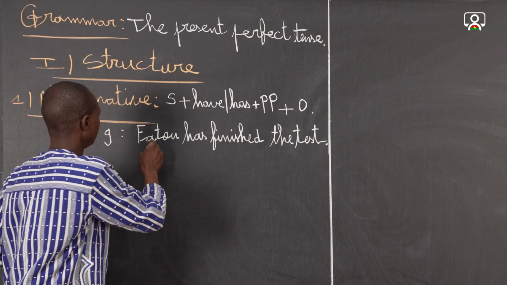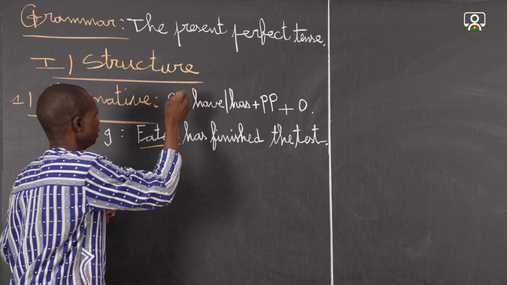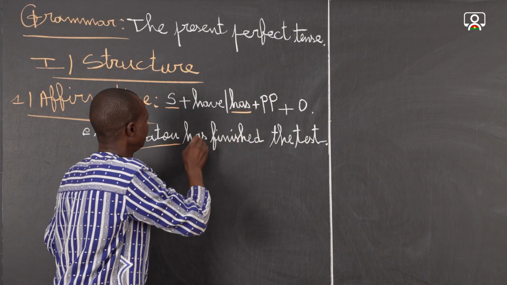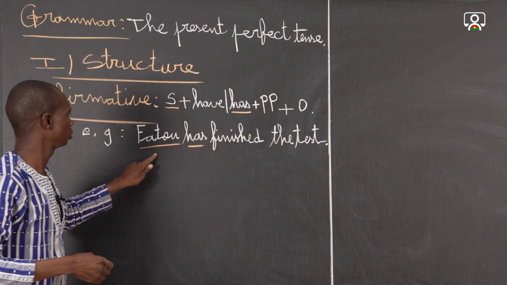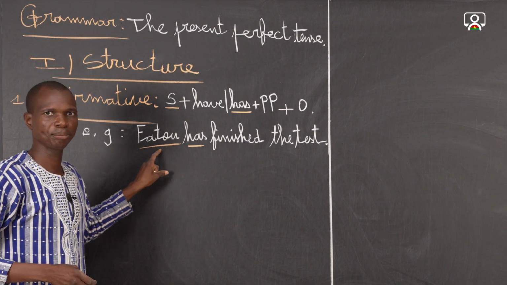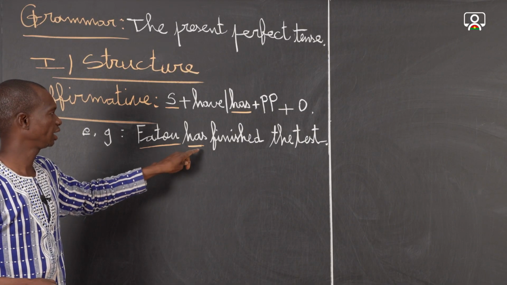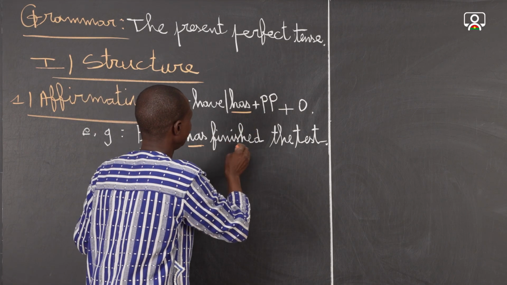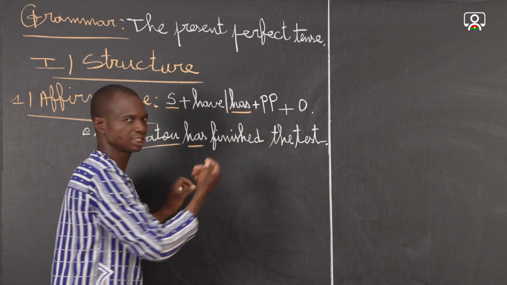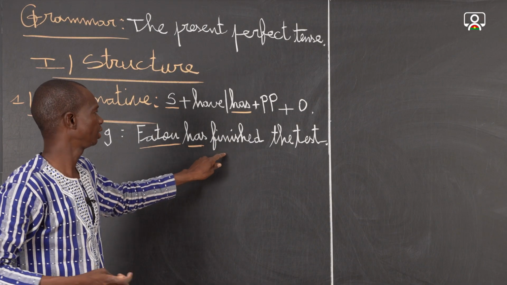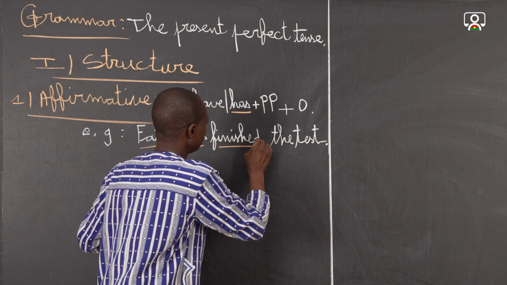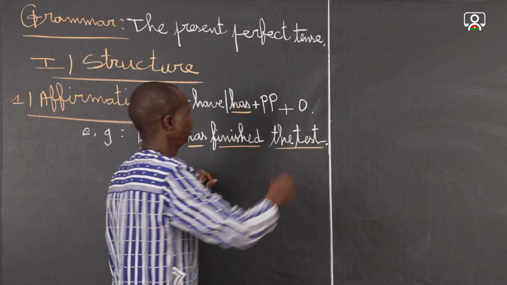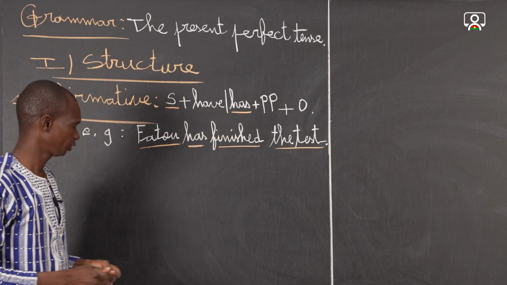Fatou is the subject in this sentence. And we have has. Why? It's because Fatou corresponds to the third person singular. That's why it is has. Plus the past participle here. It's the past participle of finished, which is a regular verb. Then finished plus the object. The test is the object.